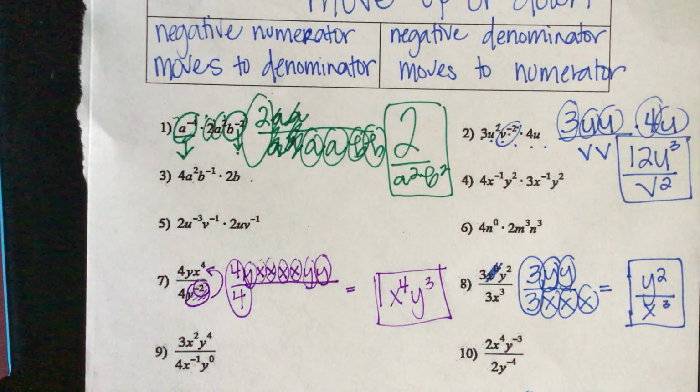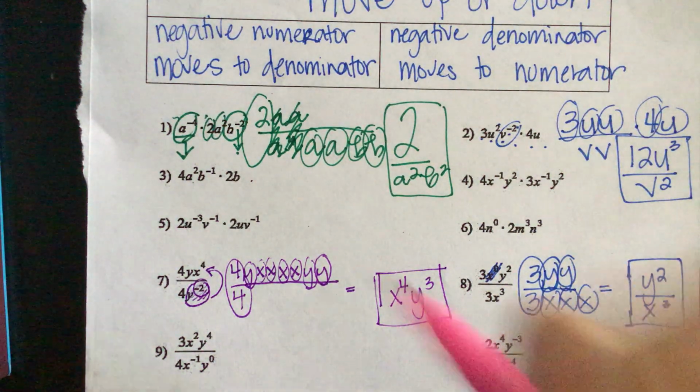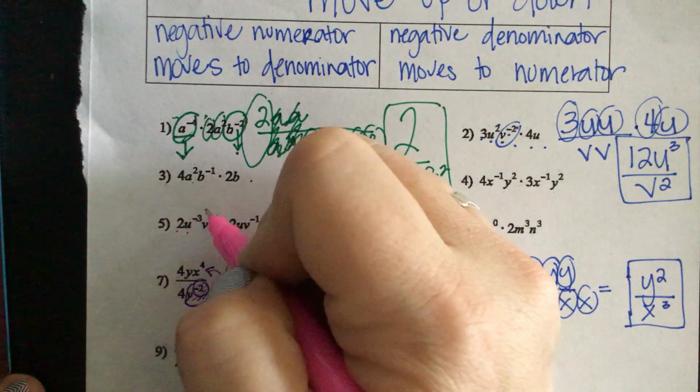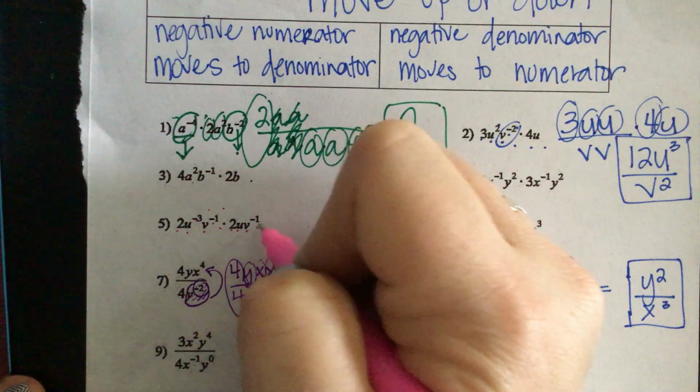Let's do number 5. So I have 2u to the negative 3 v to the negative 1 times 2u v to the negative 1.